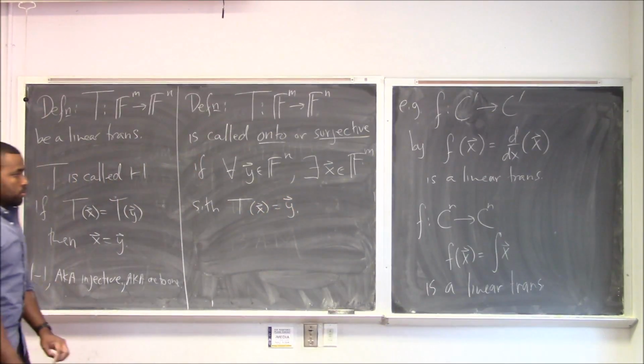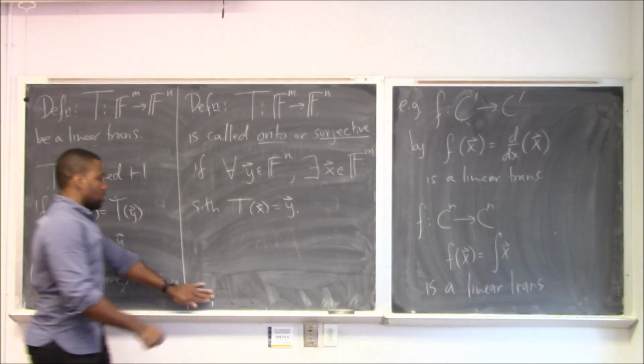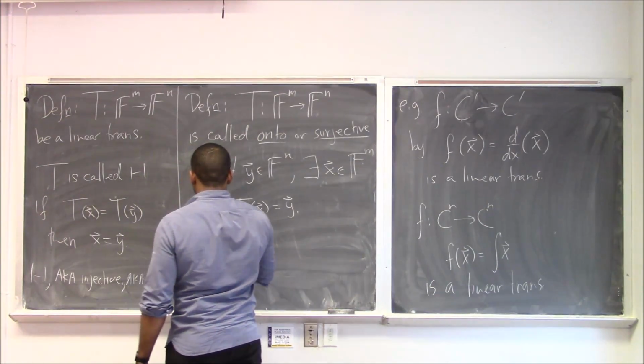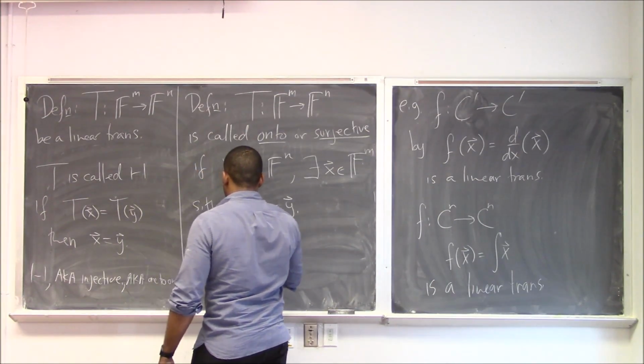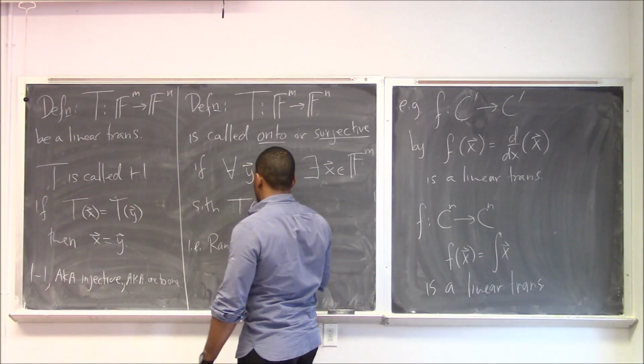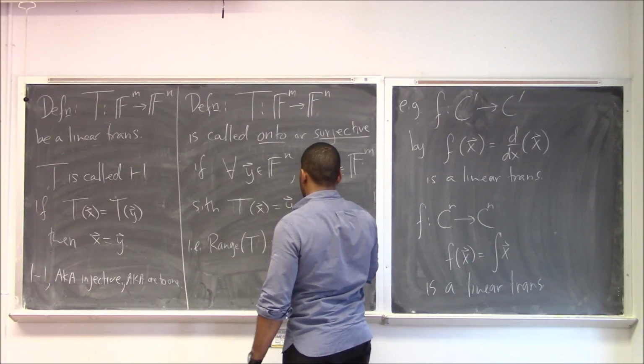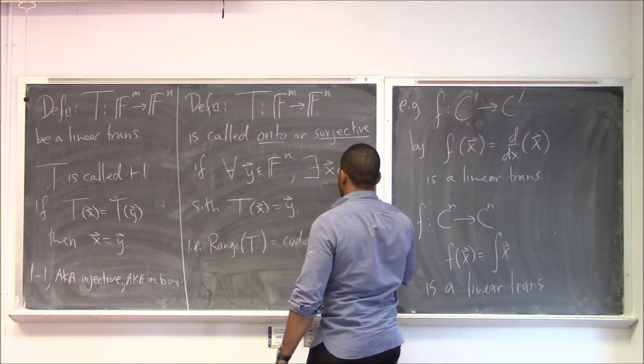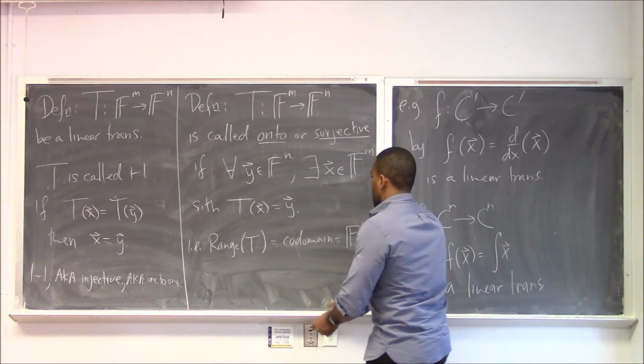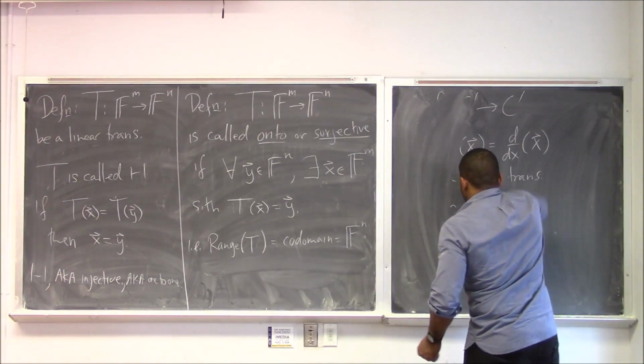In other words, the range of T is its codomain. Let's define that. What do I mean by the range of T?